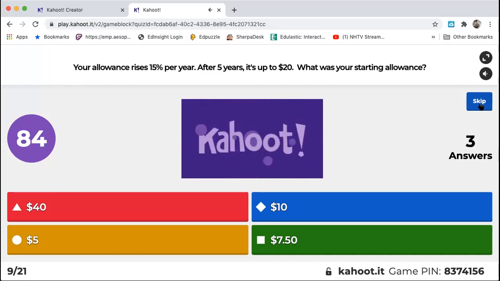So we want to figure out what is the starting amount. That is our exponential growth model: y equals a times 1 plus r to the power of t. This type of question would be on Monday's portion.